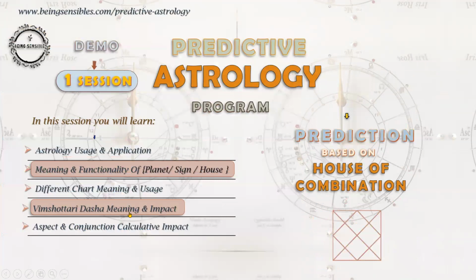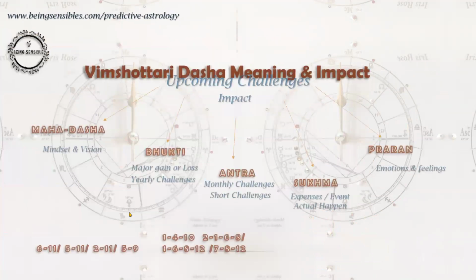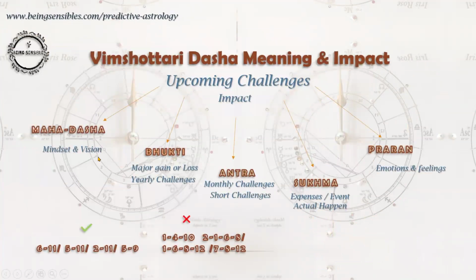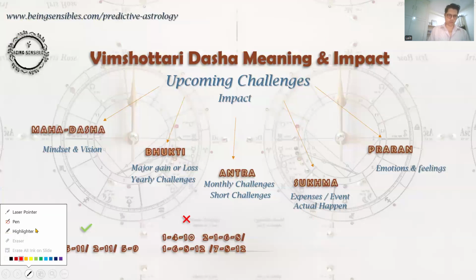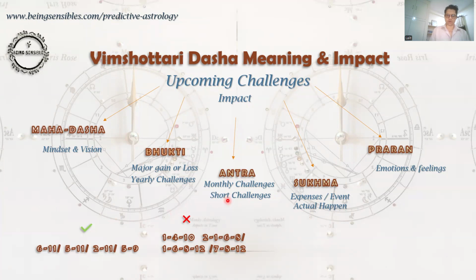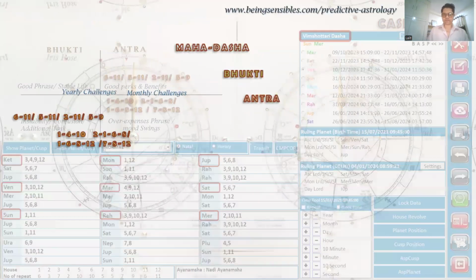Now I'm going to pick the second one, the Vimsotri Dasha and meaning, which only tells the upcoming challenges on an individual basis. So how do we conclude which year has a downfall and which year has a good phase? Bhukti tells us the yearly changes, Antara tells the monthly changes, and so on.